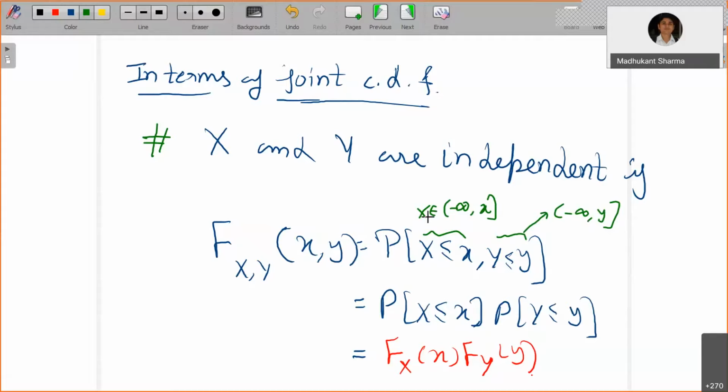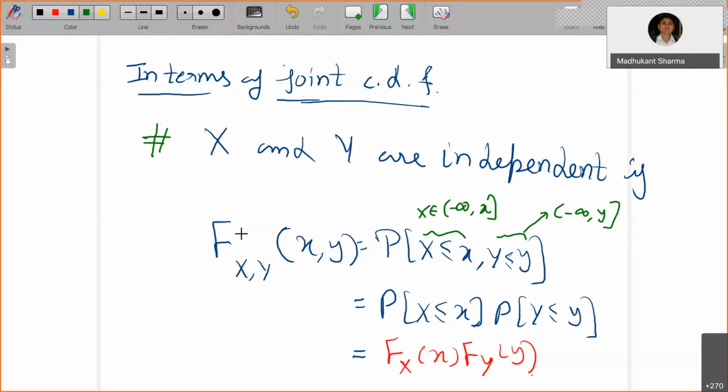So x and y are independent if the probability of x belongs to minus infinity to x and y belongs to minus infinity to y is equal to the product of the individual cases: the probability of x belongs to minus infinity to x, and the probability of y belongs to minus infinity to y closed. Both are the individual distribution functions of x and y respectively.